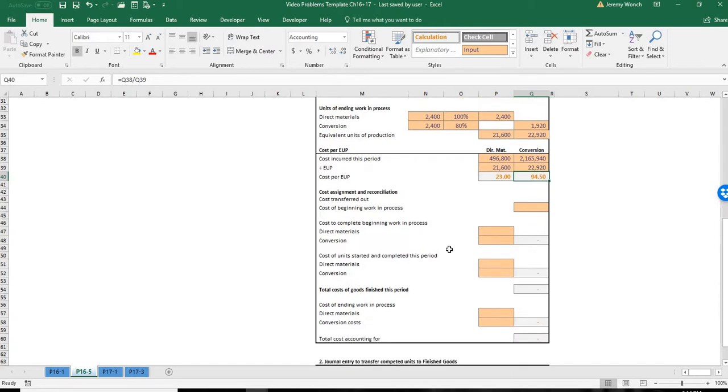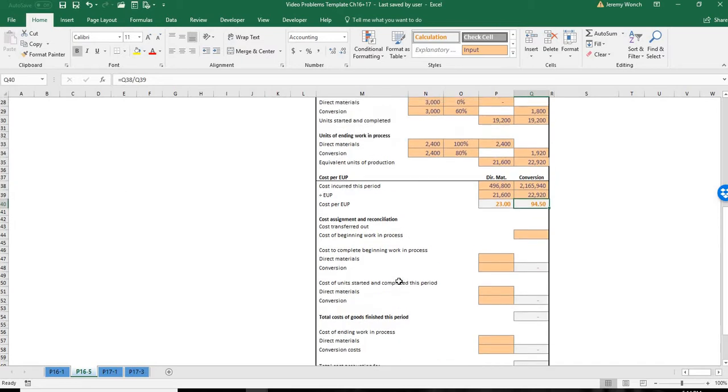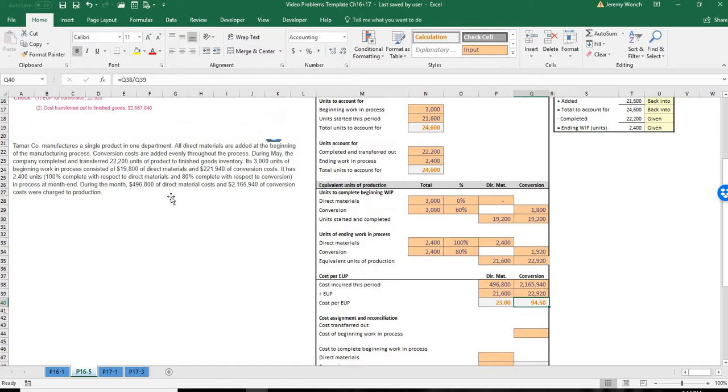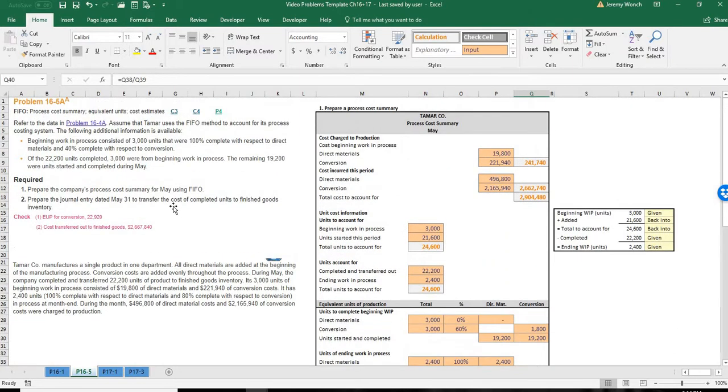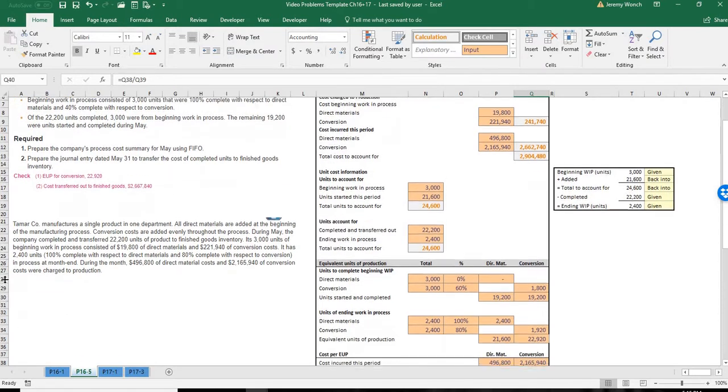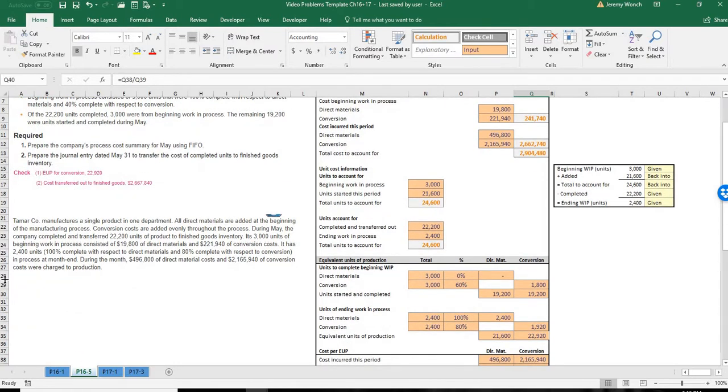Alright, so then as the cost transferred out, so the cost in beginning work in process, let's see, I think it gives that to us.